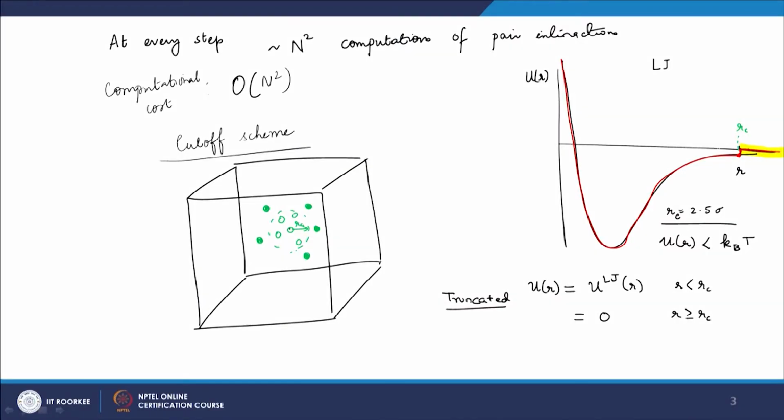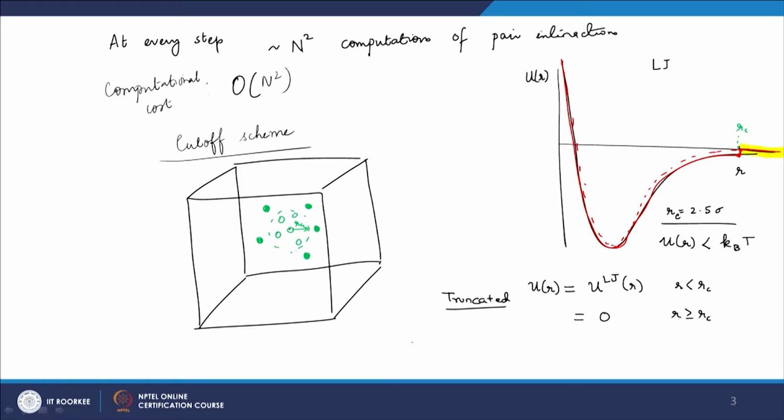So, it is a better practice then to shift the potential such that I will make it 0 here, and I will make that small correction corresponding to the U value at cutoff. It will barely make any difference here, but it may make somewhat larger differences towards the cutoff distance. But by and large, the advantage of this is I will not have any problem because of discontinuity of energy.